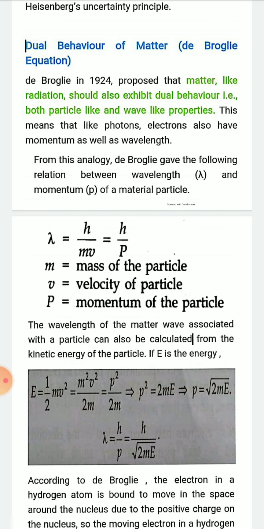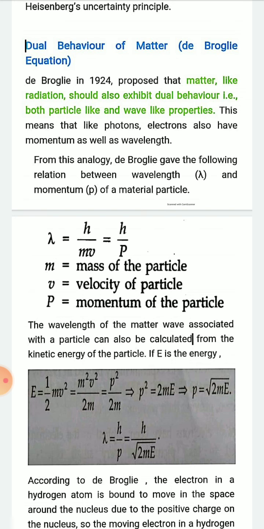This is a very important equation based on the dual nature of particles, and scientist de Broglie gave this equation. The wavelength of matter waves associated with a particle can also be calculated from the kinetic energy of the particle.